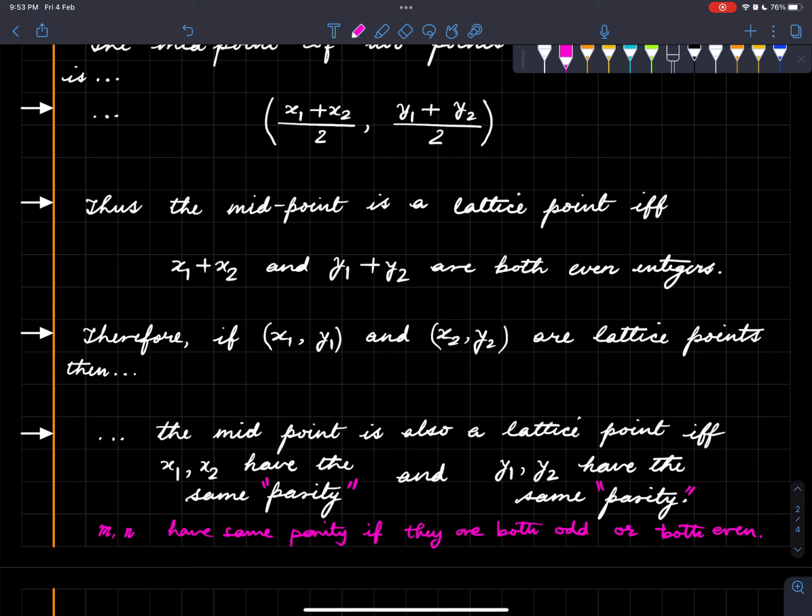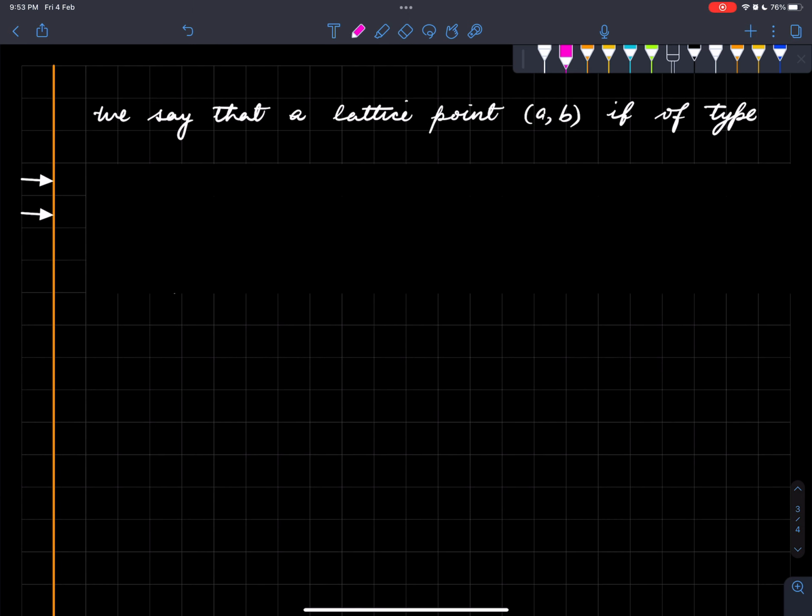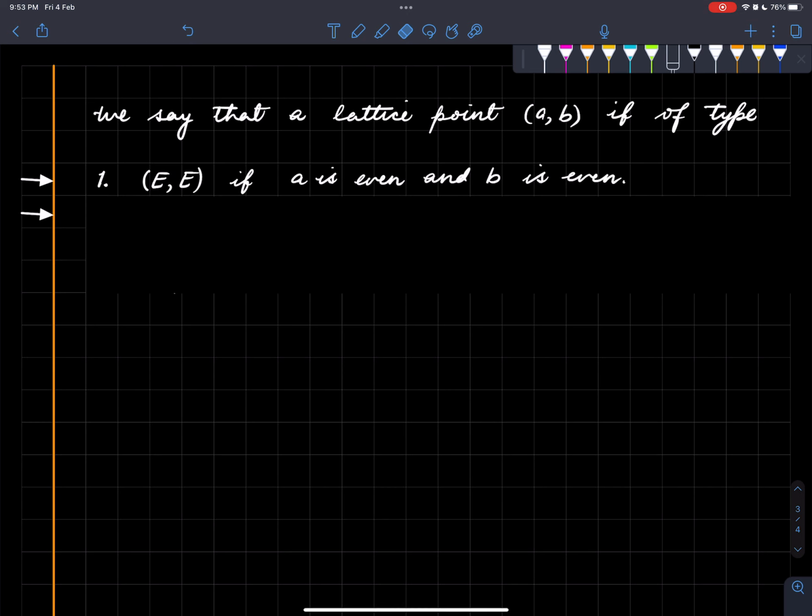Okay, so so far there's nothing very interesting happening. We just made some simple observations, and now here is the main point. Given a lattice point, so a and b are both integers, we'll say that (a, b) is of type E comma E if a is even and b is even.